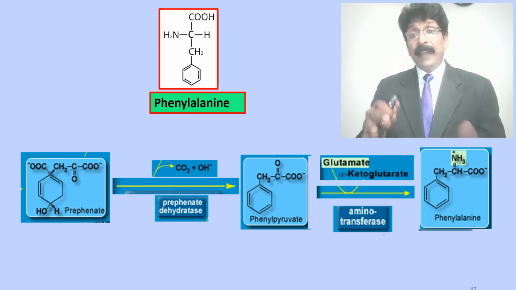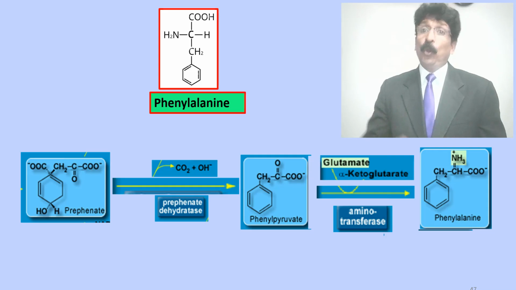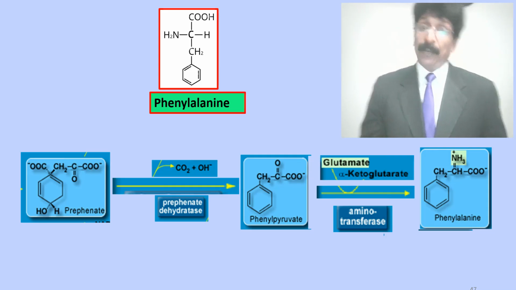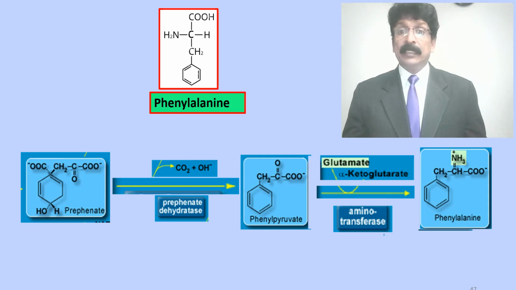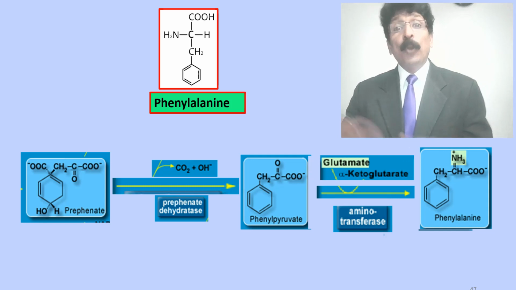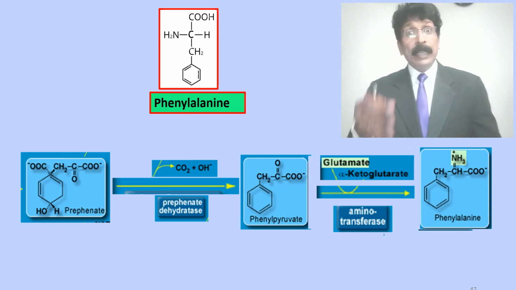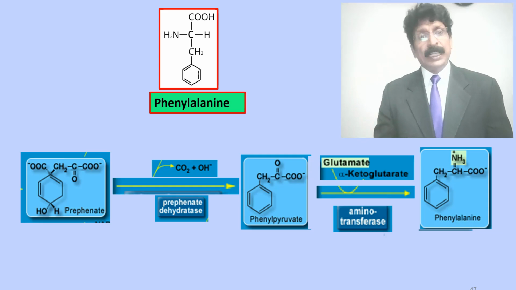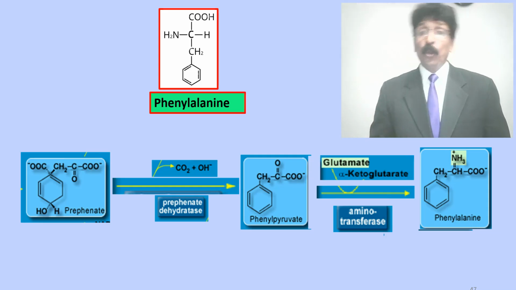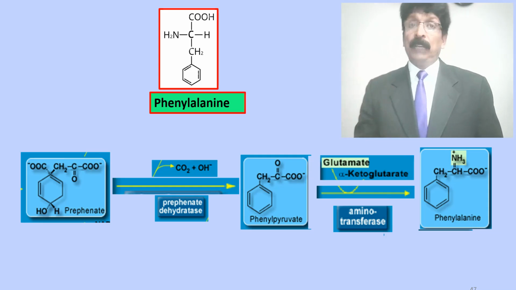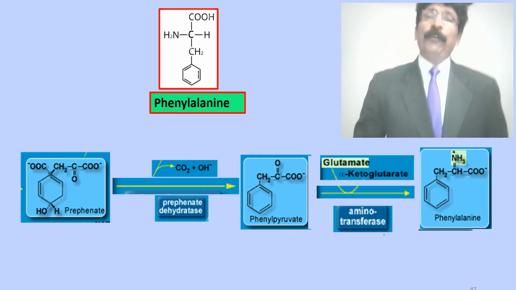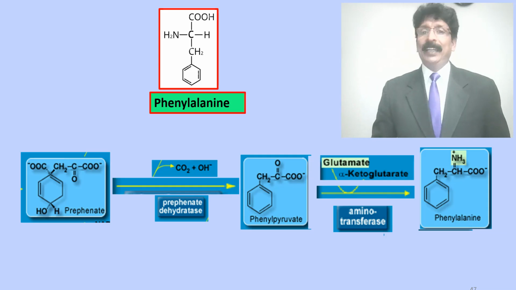Then you are giving glutamate, a naturally occurring aliphatic amino acid, which donates the nitrogen, the NH2 amino group, by amino transferase from glutamate, and it will get converted into alpha ketoglutarate, and your phenyl pyruvate will become phenylalanine.